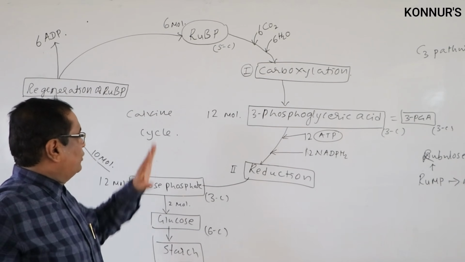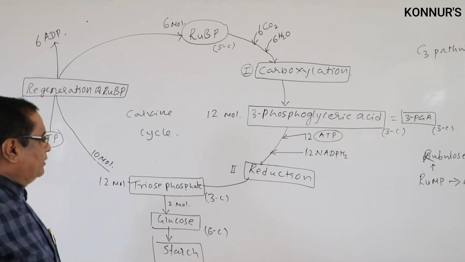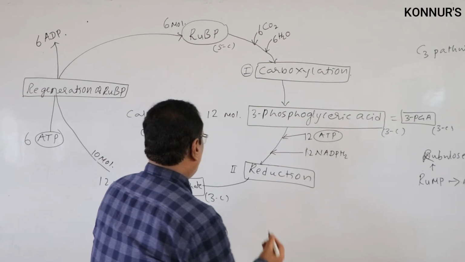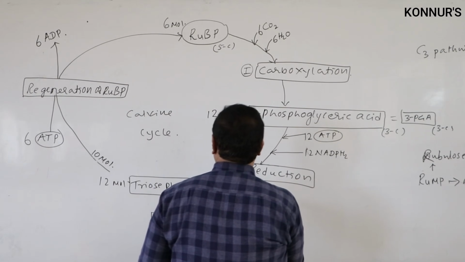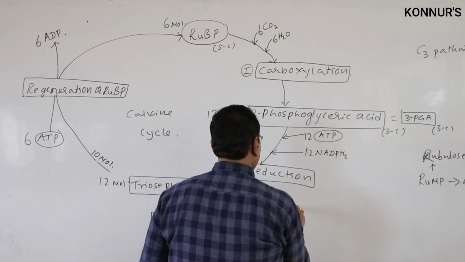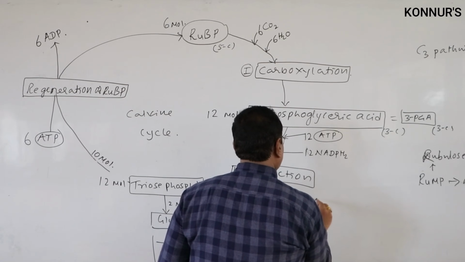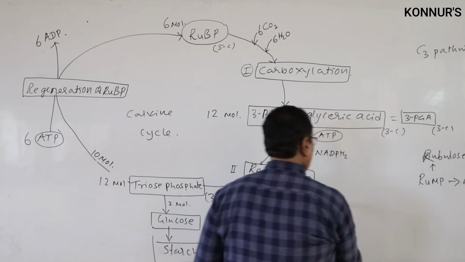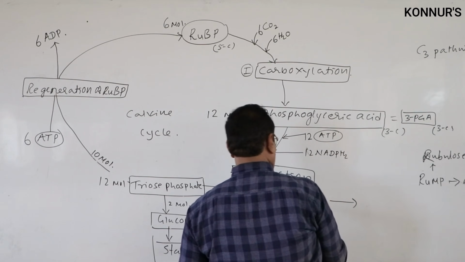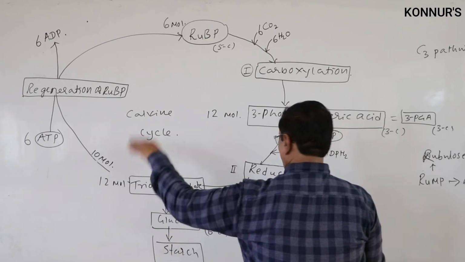And for this, we can make the complete reaction. How many RuBP are used? 6 RuBP. They fix 6 CO2. These are intermediate products.